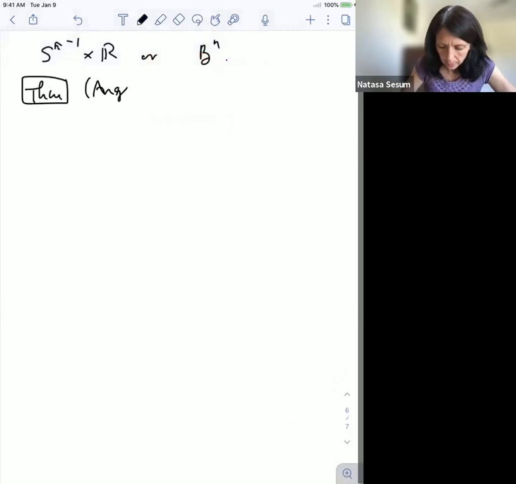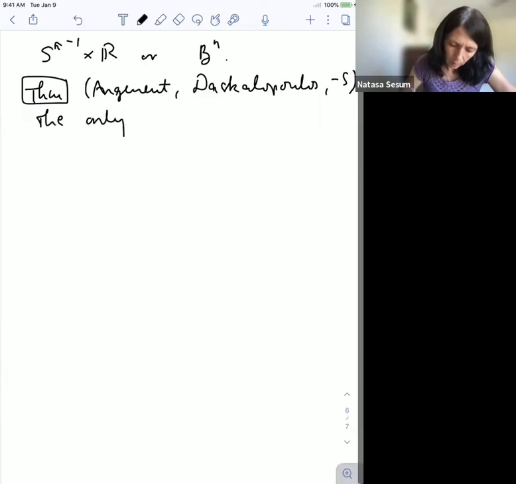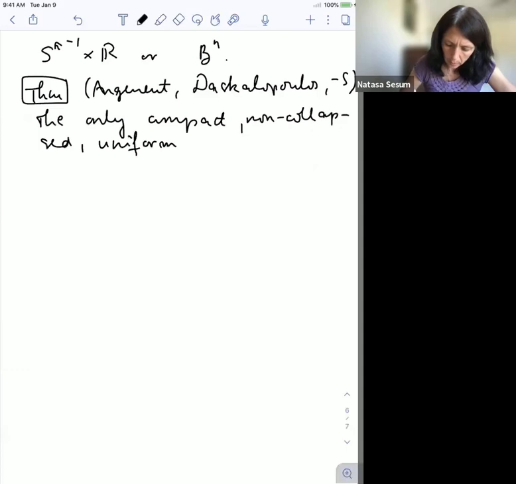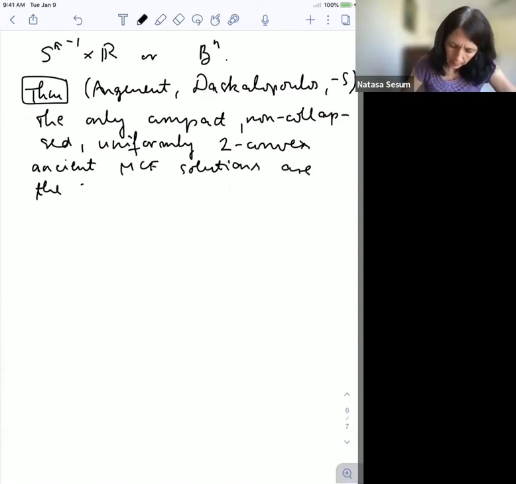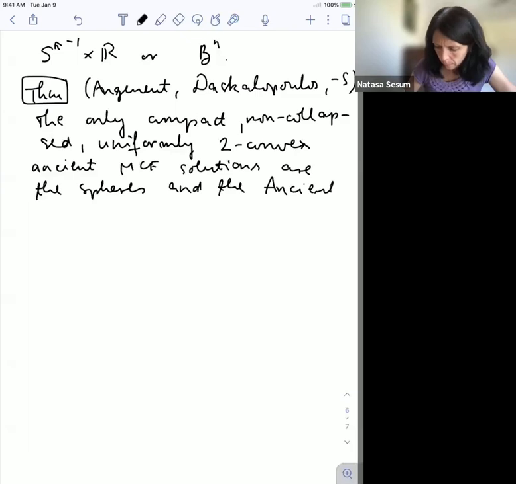That's the theorem with Angenent and Daskalopoulos and myself, which says that the only compact, non-collapsed, uniformly two-convex ancient mean curvature flow solutions are the spheres and the ancient ovals, up to translations and scaling.